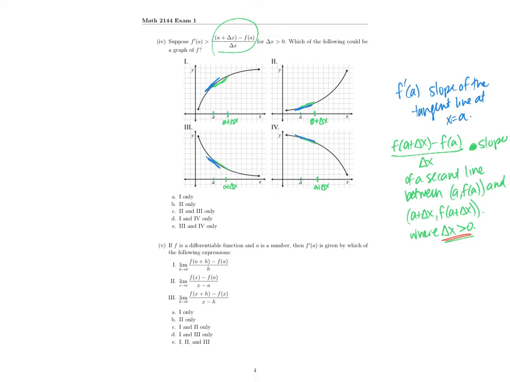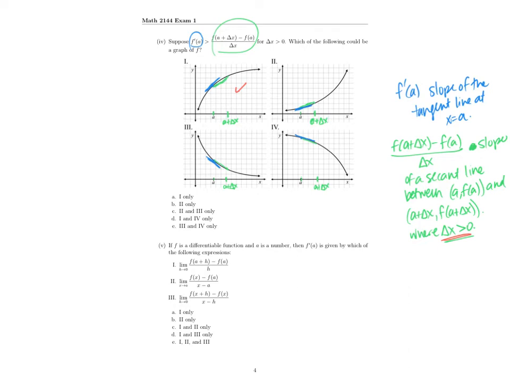Okay, and then what I really want to do is compare the two slopes, because I want the derivative slope to be greater than the secant line slope. So I want the tangent line slope to be greater than the secant line slope. For the positive ones, it's pretty clear. We can see that this one works because the blue line is steeper than the green line, and they're both positive slopes.